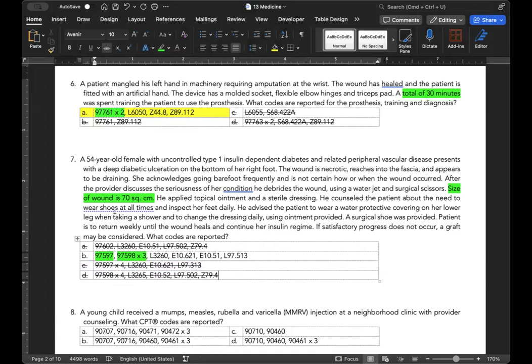Now, let me ask you guys this from a critical thinking standpoint. He talks about how she is on insulin, right? Why are we not coding our Z79.4 for long-term current use of insulin with this scenario?